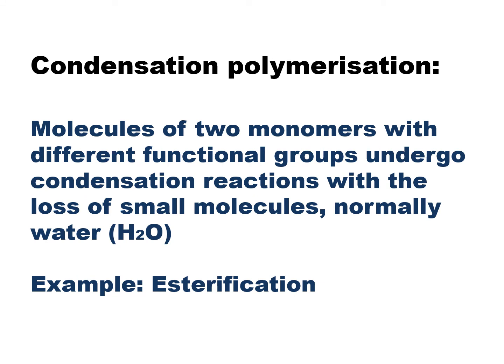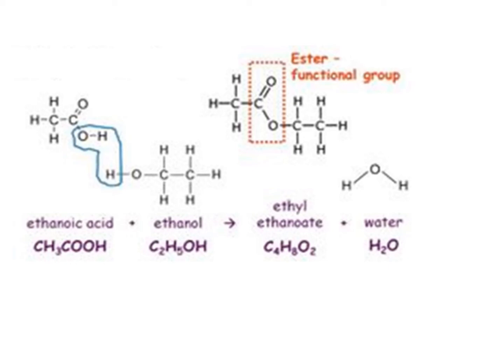So condensation polymerization can be defined as molecules of two monomers with different functional groups undergo condensation reactions with the loss of small molecules, normally water. An example, therefore, will be esterification.